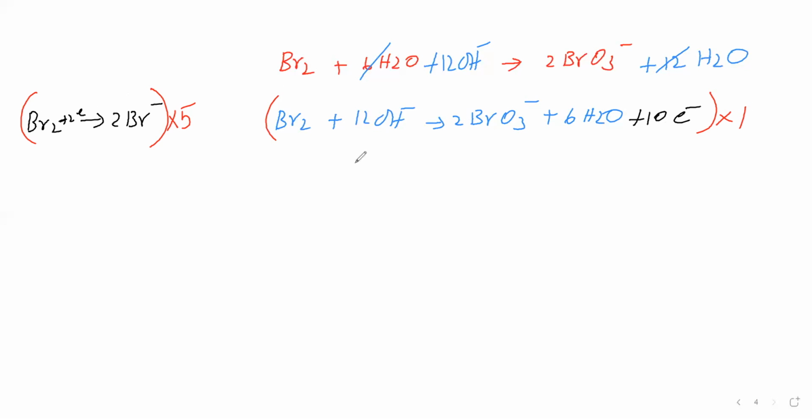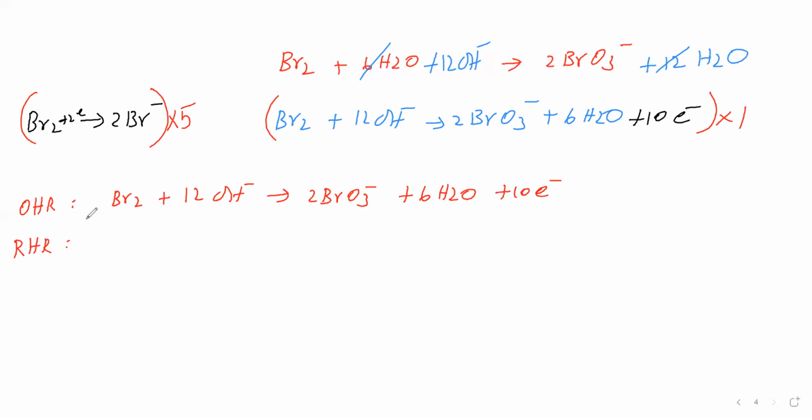Next, let us add this oxidation reaction and the reduction reaction. The oxidation reaction is Br2 plus 12 OH minus gives 2 BrO3 minus plus 6 water molecules plus 10 electrons. Then the reduction reaction, you multiply with 5, so 5 Br2 plus 10 electrons gives 10 Br minus.